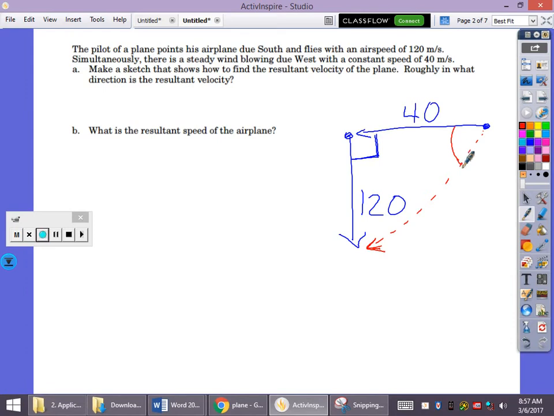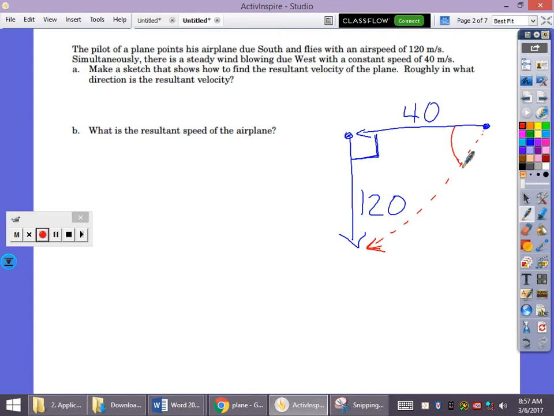Okay? So question A wants to know, we're going to start with question B because it's easier. They want to know the speed of this resultant vector here. How might I do that? Pythagorean theorem.